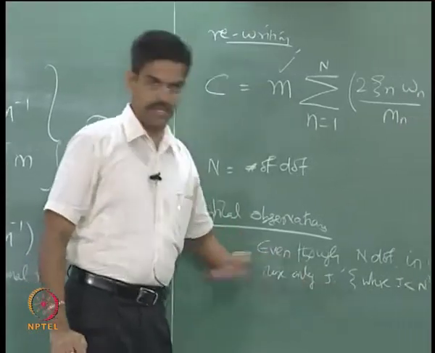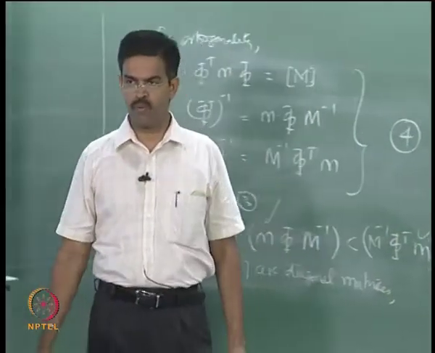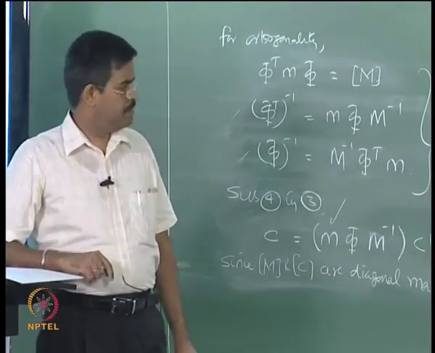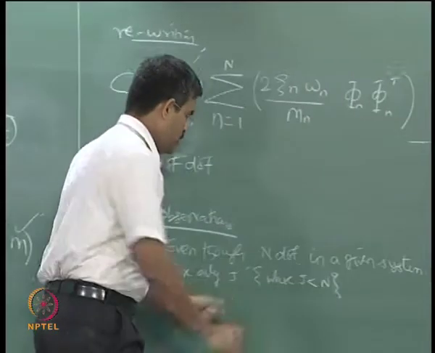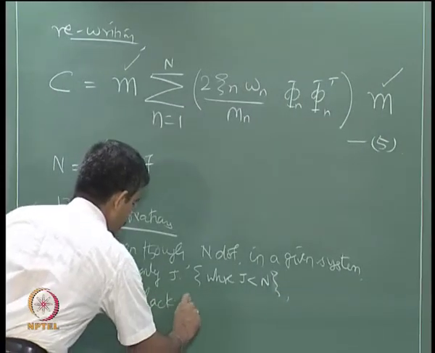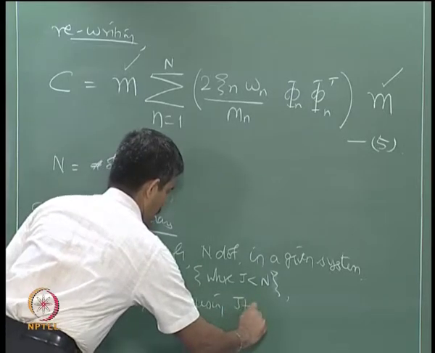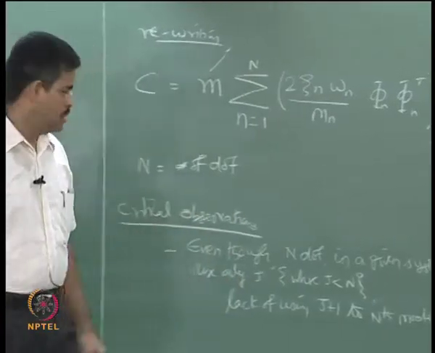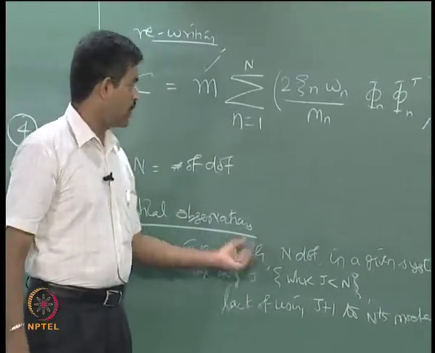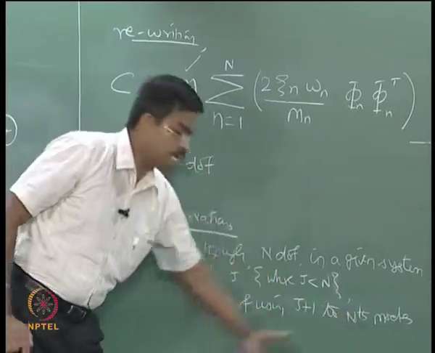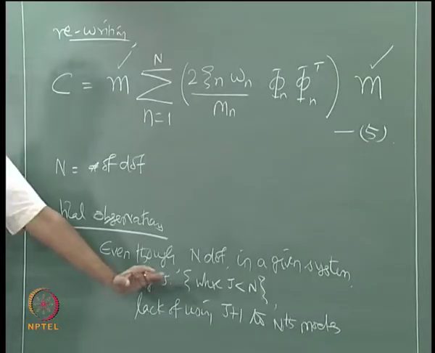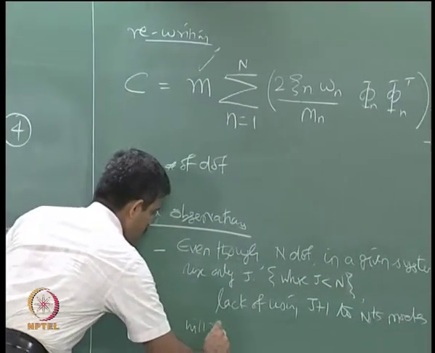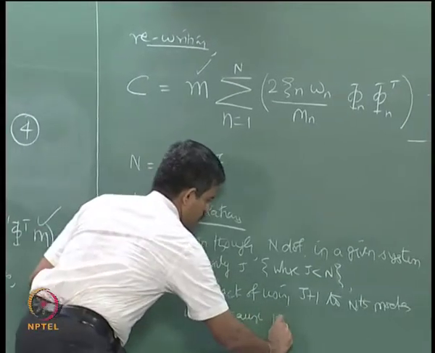Maybe you have a 10 degrees of freedom problem and you are using only the first 3 modes. Even though you do that, the lack of using the j plus 1th to nth modes, the remaining modes, which you are deleting, will not cause numerical instability.